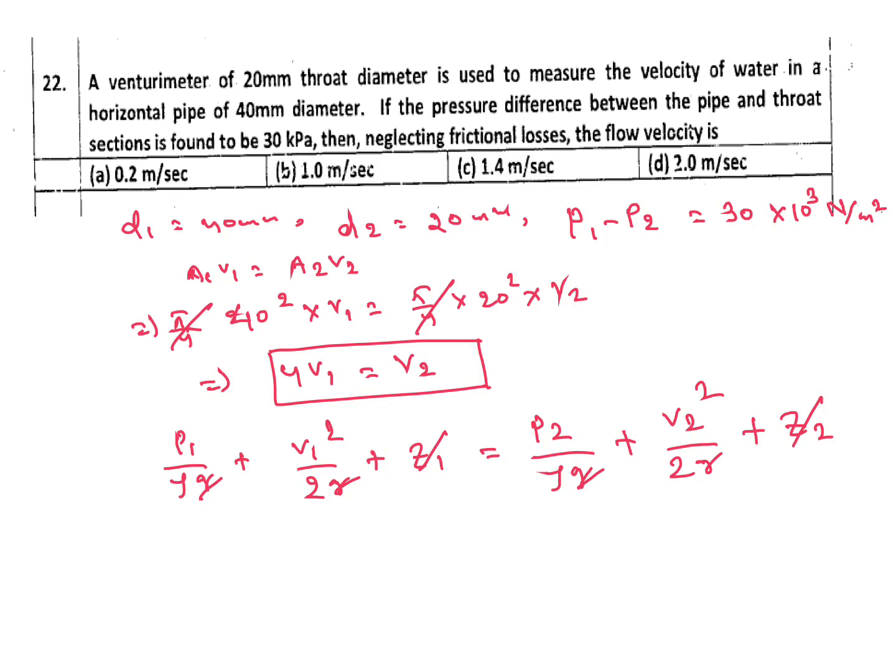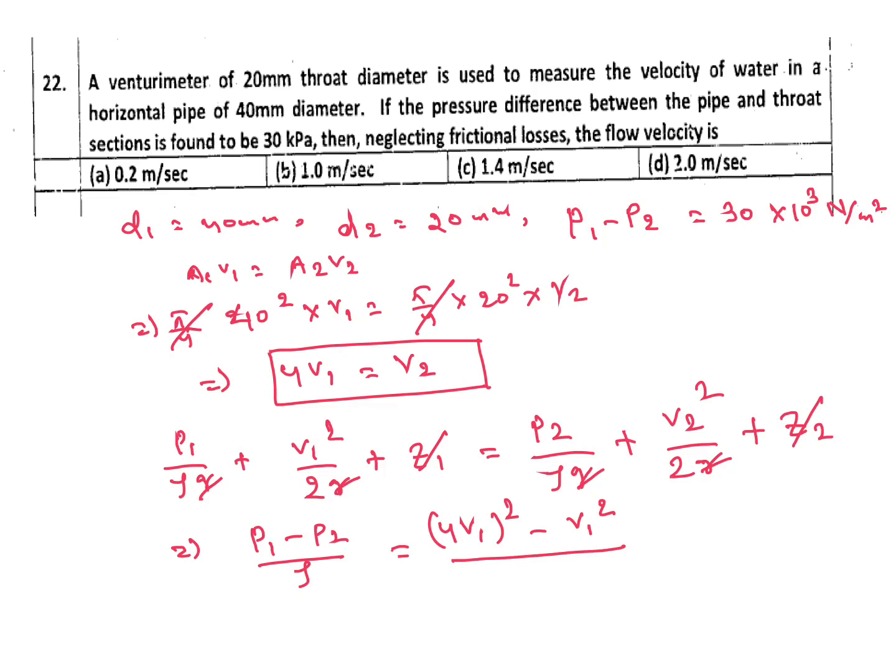So P1 minus P2 by rho equal to V2 square minus V1 square by 2, and V2 we already got as 4 V1, so (4V1) square minus V1 square by 2.